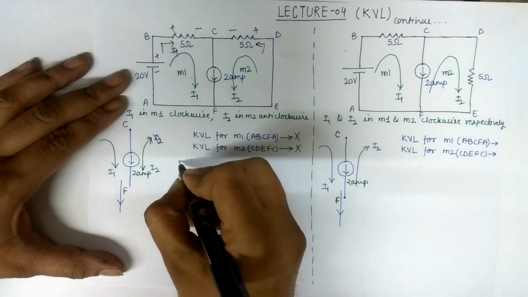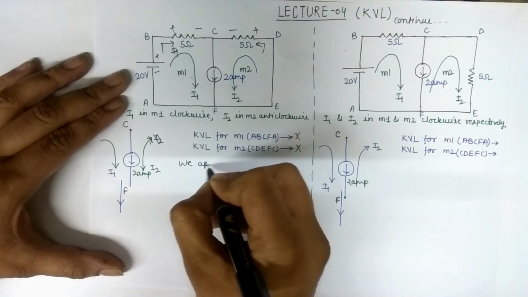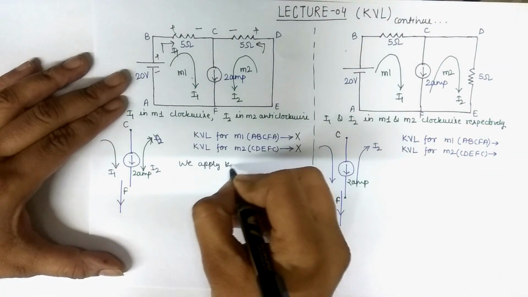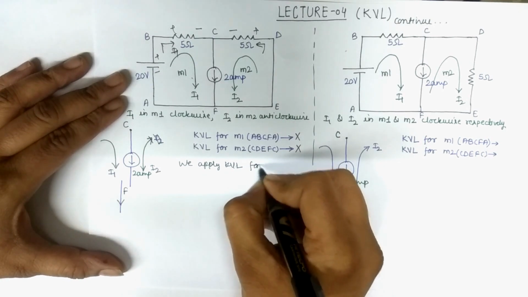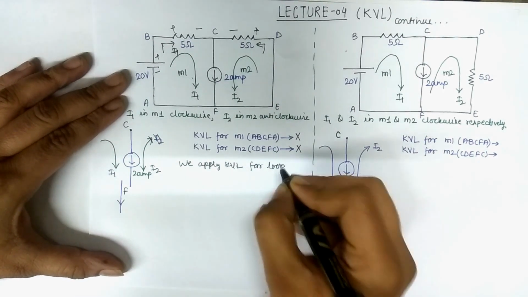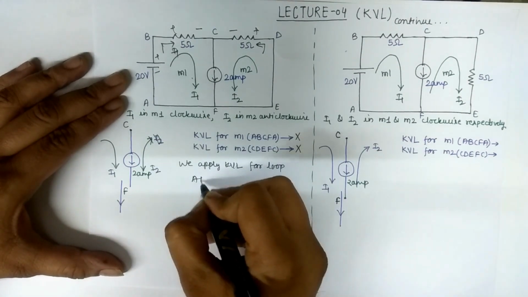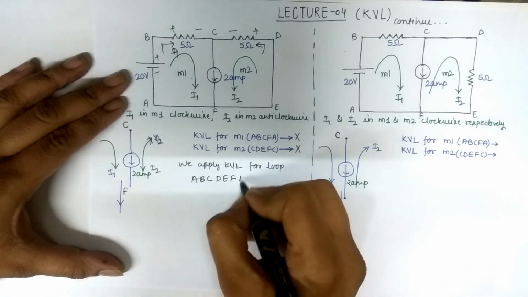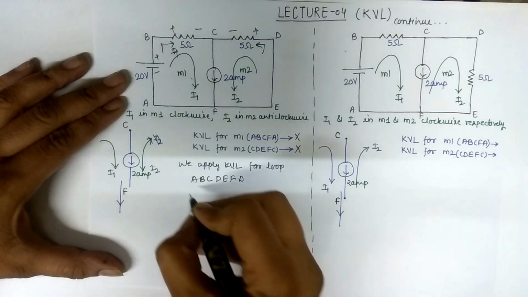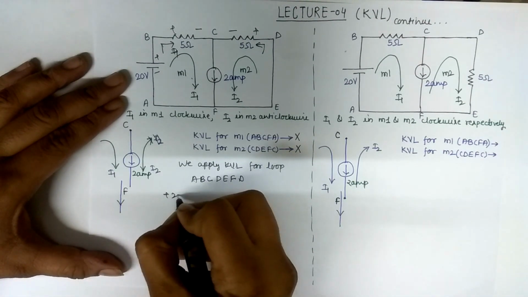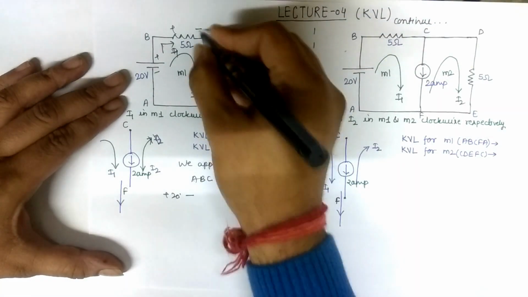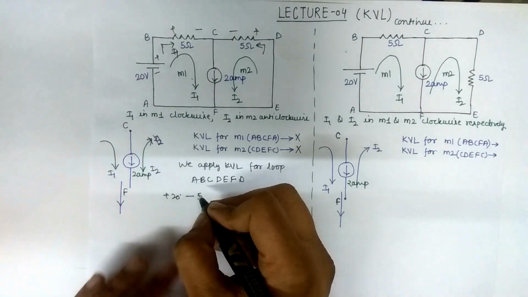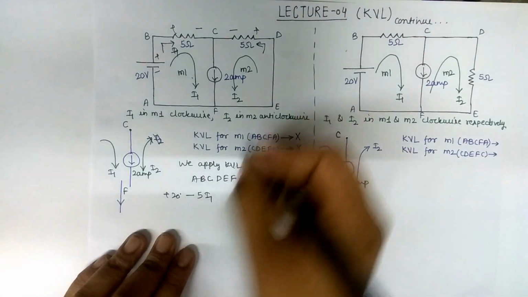So we apply KVL for the loop now. Start from A, B, C, D, E, F, A. Start from here, plus of 20 minus of 5 I1.